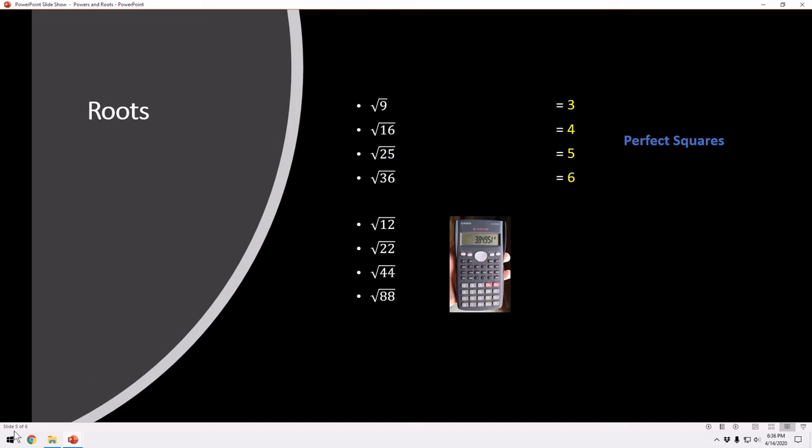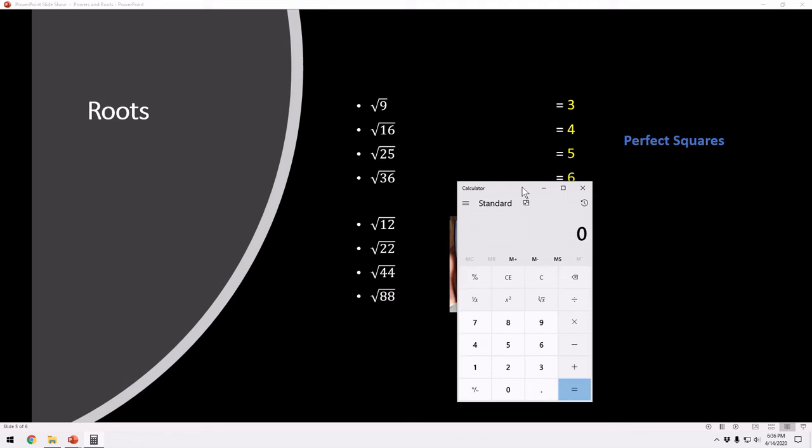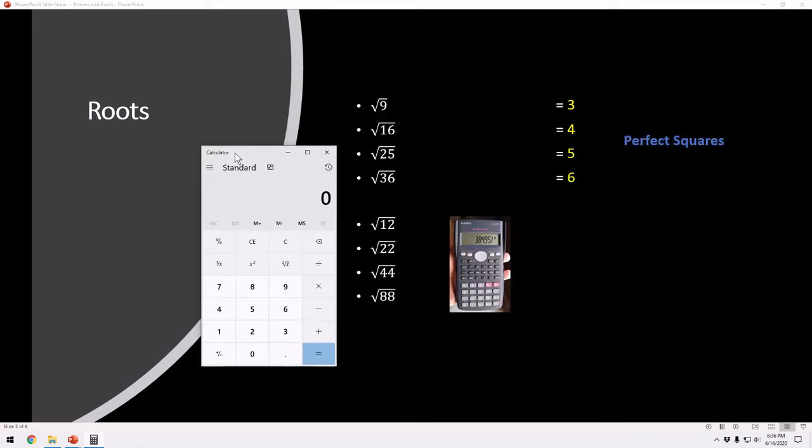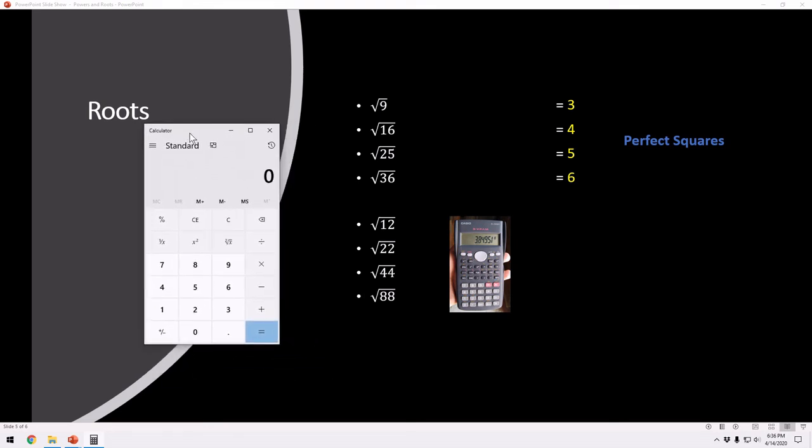Any calculator will do. I'm going to use the calculator that I have built in on Windows to do the square root of some of these numbers. For example, I'm going to do the square root of 12. Unfortunately, calculators are not standardized in how the keys look or where the keys for the square roots are placed. It's going to look different on everyone's calculator, but on my calculator, this is what the square root symbol looks like.